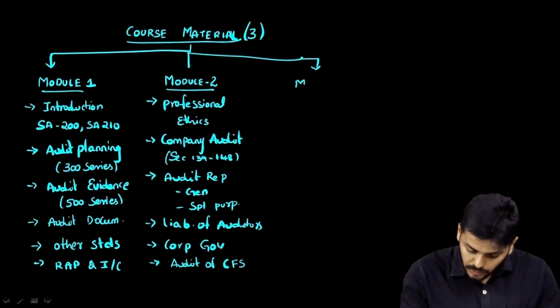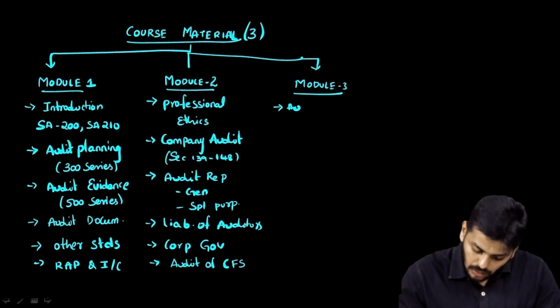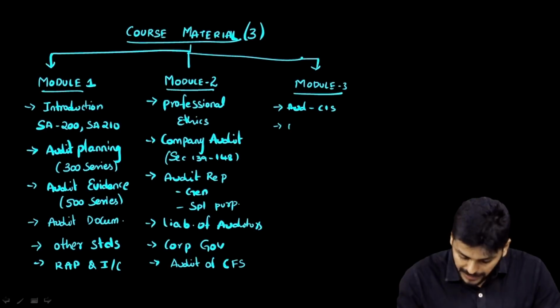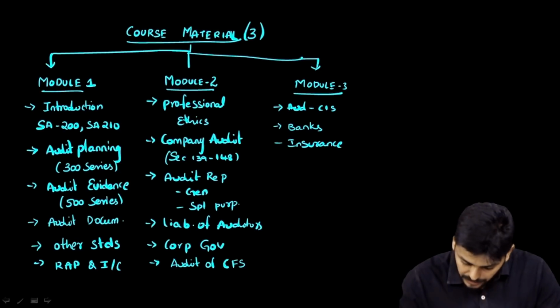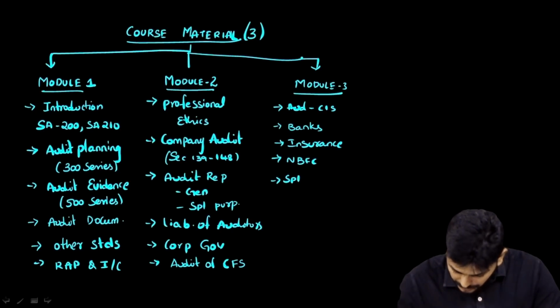So my module 3 will be focusing on all the other chapters, starting with audit in CIS environment, and then it will start with banks, followed by insurance, banking, insurance, NBFC, special audits, and of course all the special audits are covered here.